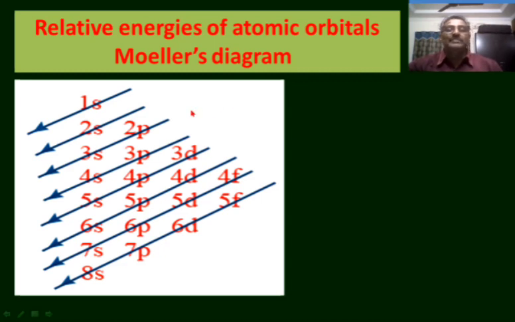There are two methods. One is the n plus l method and the other one is by using Aufbau's diagram to identify the order of energies of various orbitals.